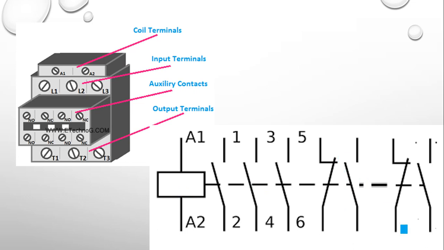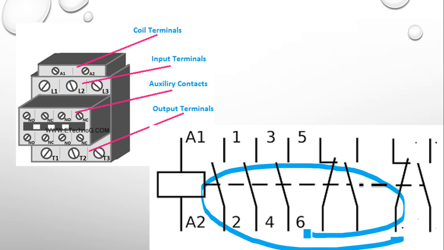That is known as normally open. One more auxiliary contact is shown here. It is normally open. So there are three power contacts which are normally open, two auxiliary contacts which are normally open, and two normally closed auxiliary contacts in this diagram you are seeing.